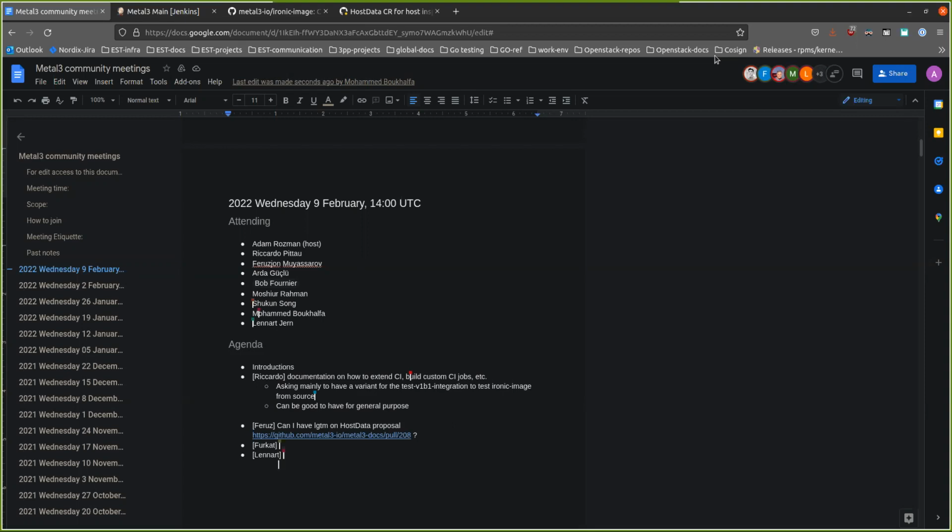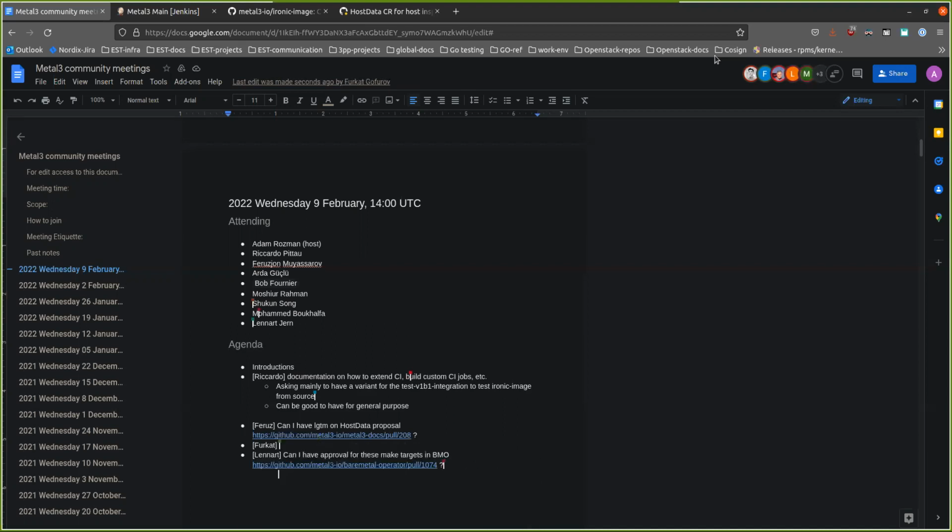I put a question on Slack this morning about having a variant of the integration test that we are running on the ironic image, to be able to test the ironic image from source, which is a variant that we introduced last year, in November.